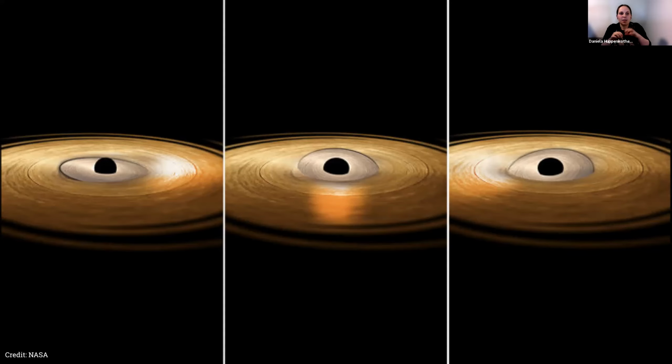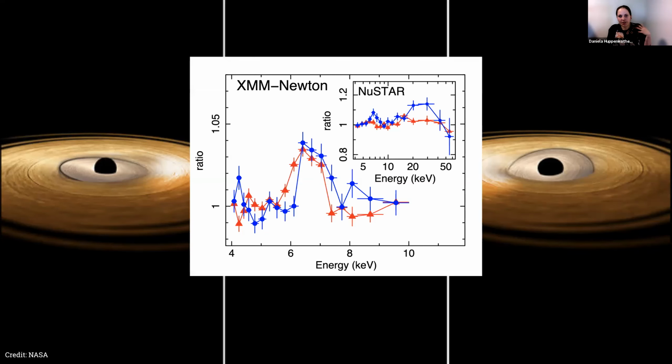And people looked at this peak in the spectrum that we saw earlier. And what they did was chop up the time series based on the phase it was in its QPO, and then generate the spectrum for different QPO phases, for when the matter comes towards you and when the matter moves away from you.